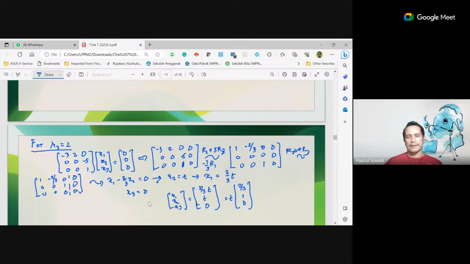And again, this is the eigenvector, oh sorry, this is for lambda 2. For lambda 2, the eigenvector is (2 over 3, 1, 0).